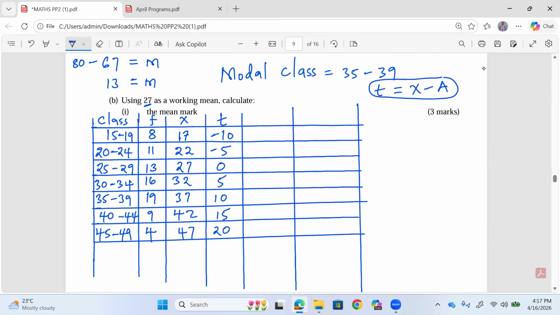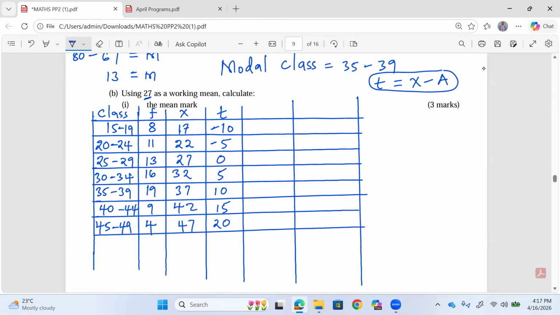So those are the deviations. After this, ladies and gentlemen, we can talk of now ft. Each frequency now times the deviation.